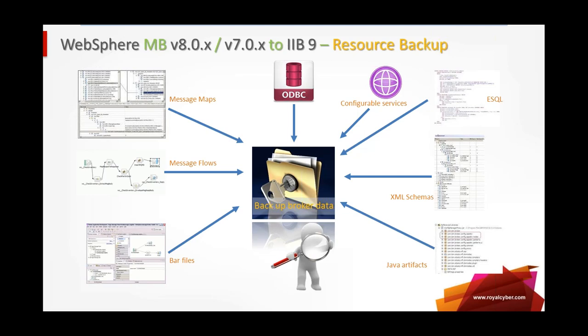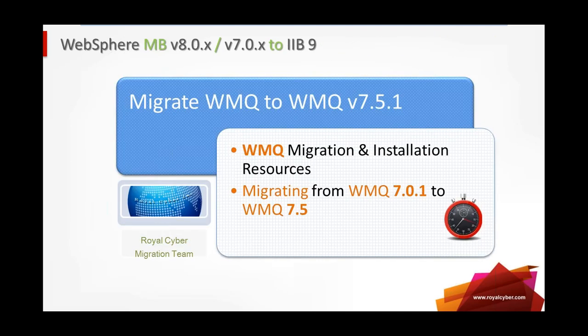Again, if you have made any configuration changes to your broker, you have to back them up before the migration. The same applies to ESQL resources, your schema, the Java artifacts, your BAR files, and even your message flows. So it's a very good habit to have a backup before the migration. Now we move to the next slide.